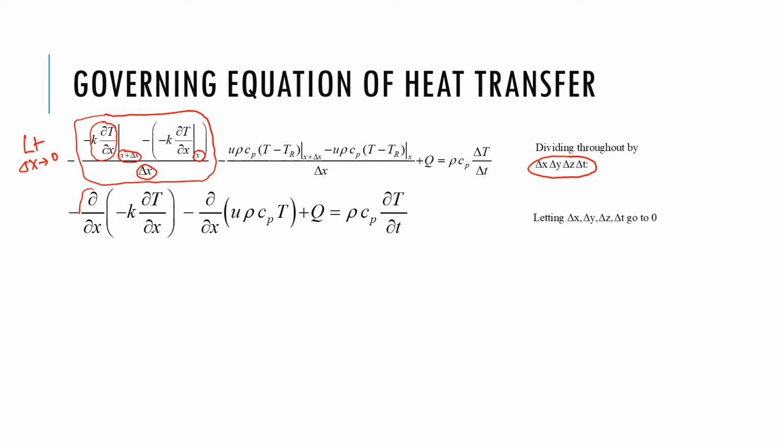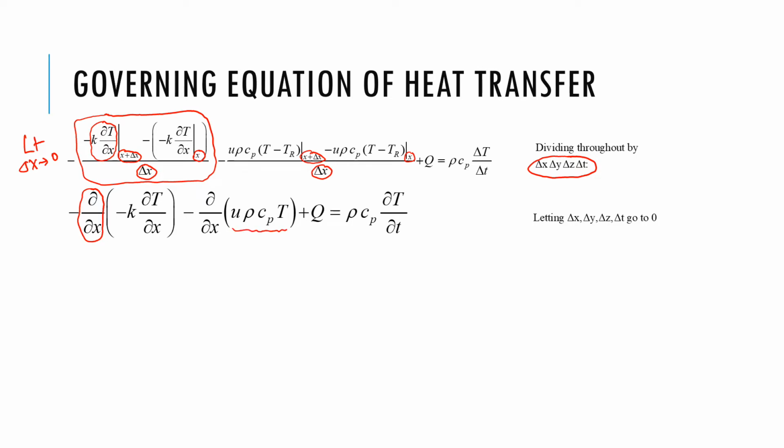So it is del del x of minus k del T del x. And then the next part is also del del x, because this is the quantity at x plus delta x minus the quantity at x divided by delta x, with delta x going to 0. So it's the derivative of this whole thing.